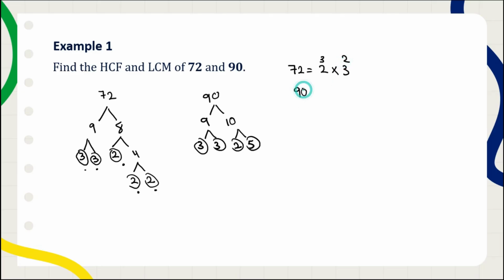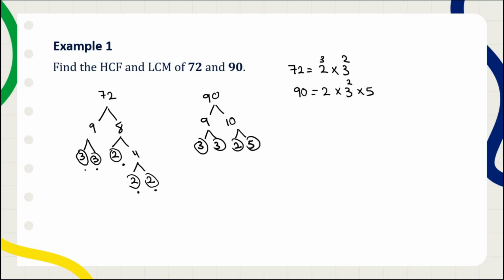While 90 can be written as 2 by 3 to the power of 2 by 5. Now after writing each of the numbers as a product of its prime factors, we are going to find the highest common factor first.